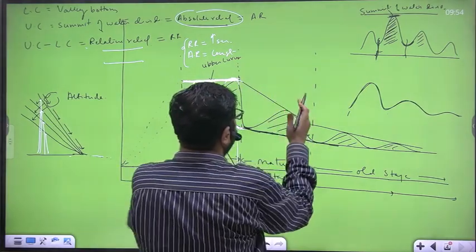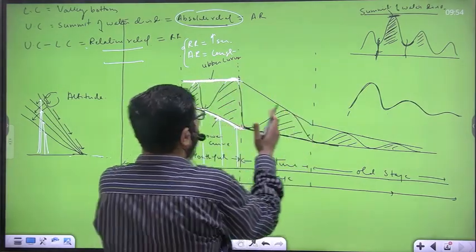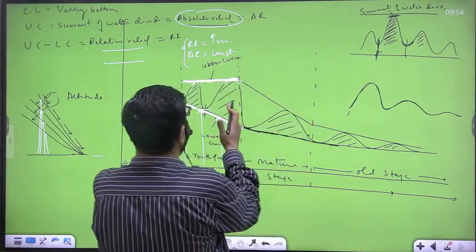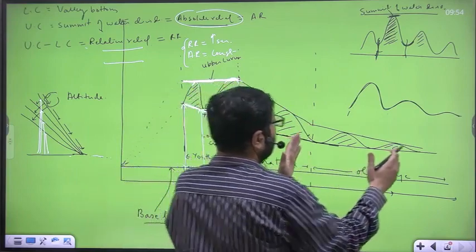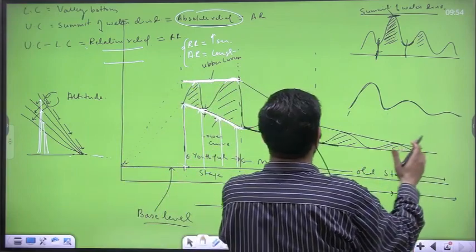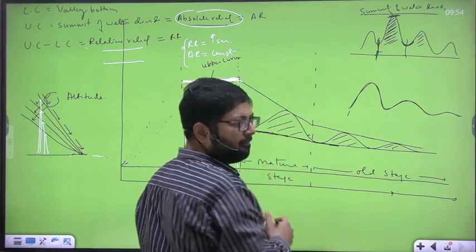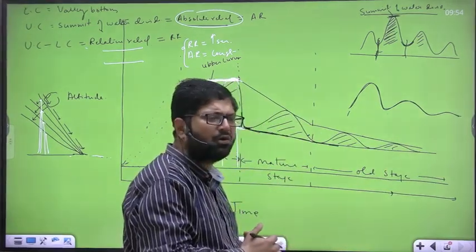Mature stage is much longer than youthful stage. The duration of mature stage is more than 10 times of youthful stage, and duration of old stage is thousands of times longer than youthful and mature combined. Old stage is very long.